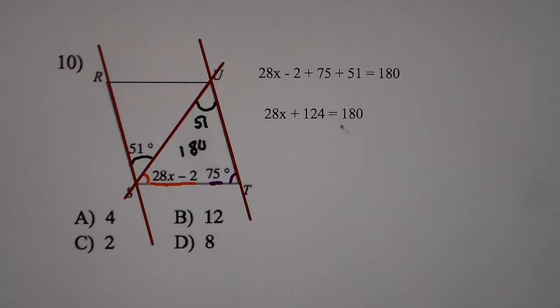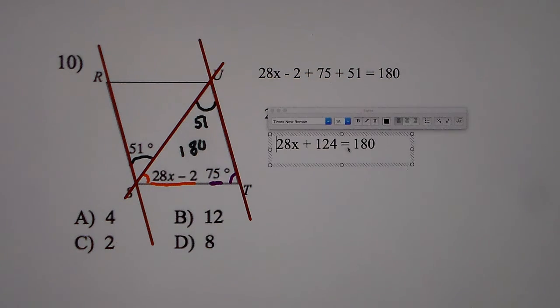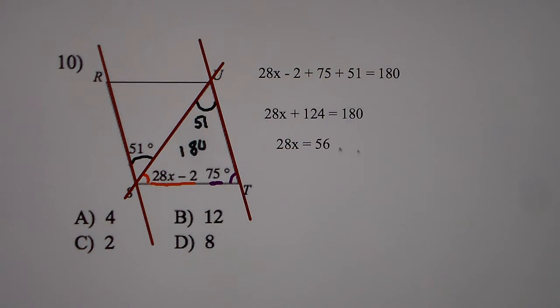We got 56. So 28x equals 56. Divide both sides by 28. I'm going to get x equals 2. So our answer for solving for x is x equals 2.